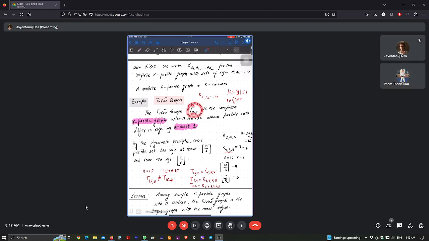Once I fix one r and one n. Wait a minute. We can go from n. T n comma 2 means we have n divided by 2 and n divided by 2 plus 1.